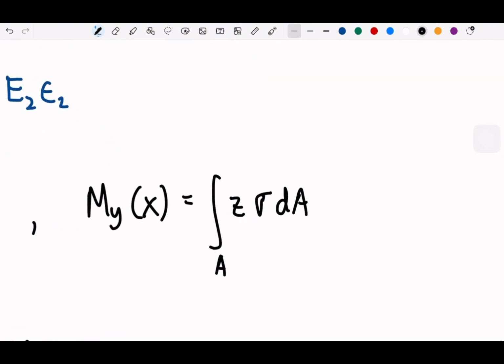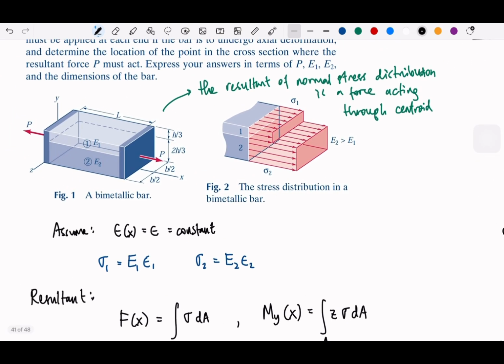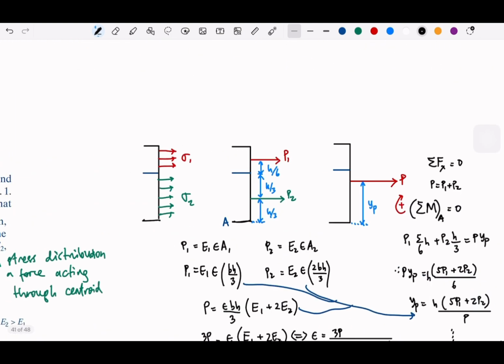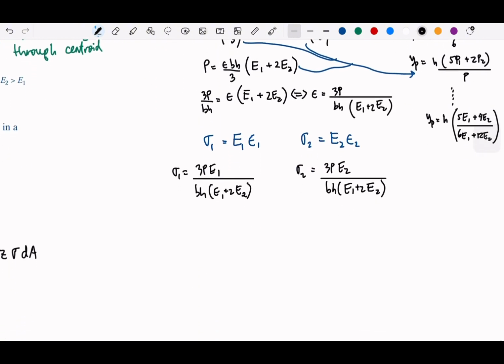But since there is none, we can basically say that the Z centroid is 0.